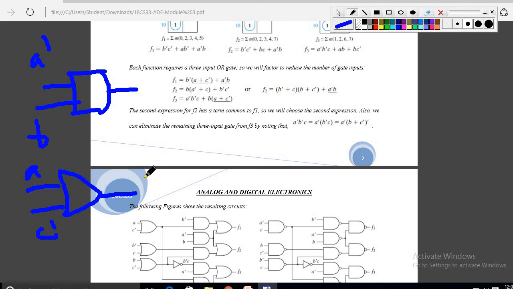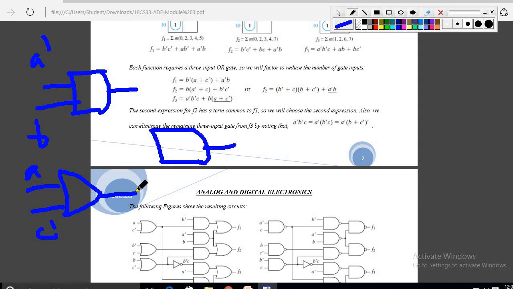So a plus c bar, into b bar. Here one AND gate is required, right? So I have to write an AND gate here.